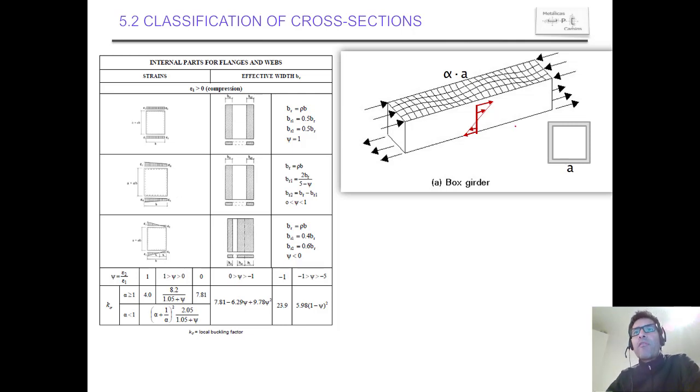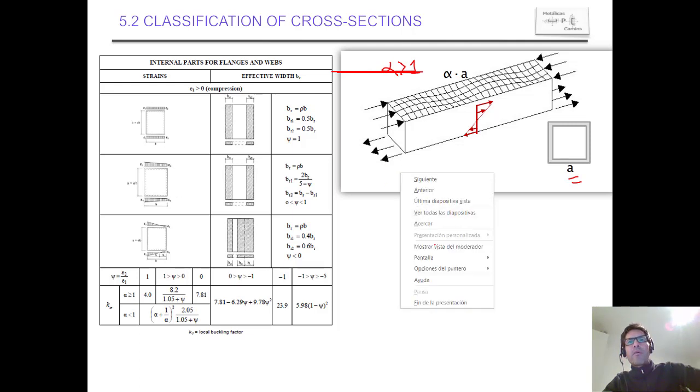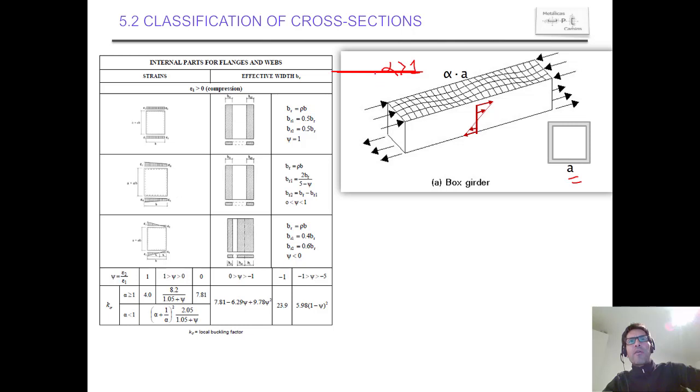So we have a width of the flange which is A, and a length of this flange which is alpha times A, and alpha is expectedly much higher than 1.